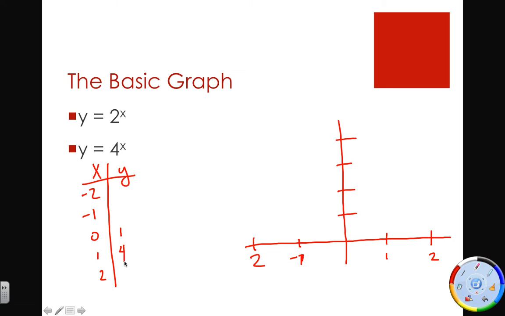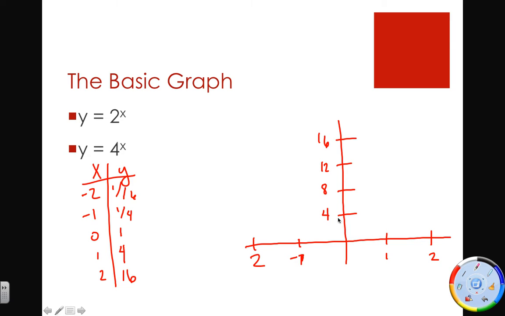Plug in 1, I get 4. Plug in 2, I get 16. -1, I get 1/4. Plug in -2, I get 1/16. So that means I'm just going to make my scale here as 4s so I can plot my dots.